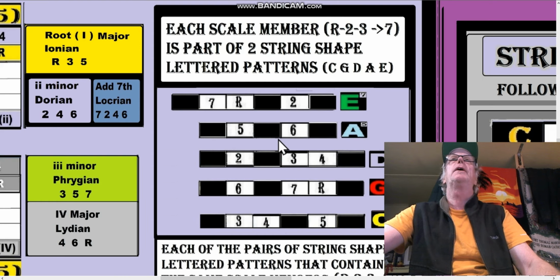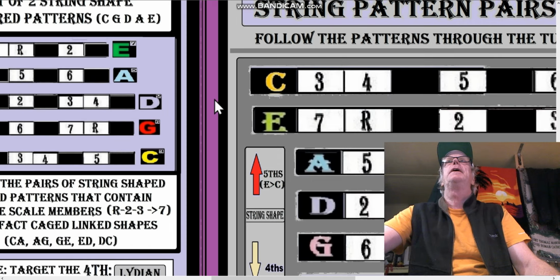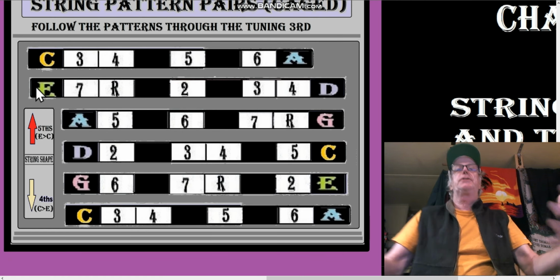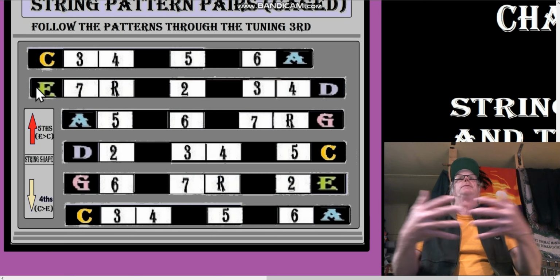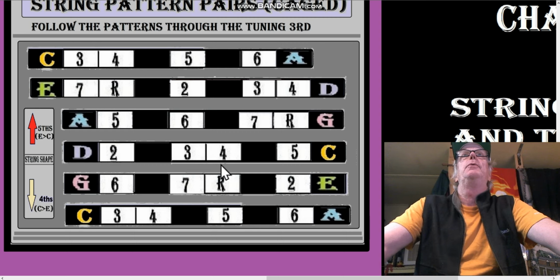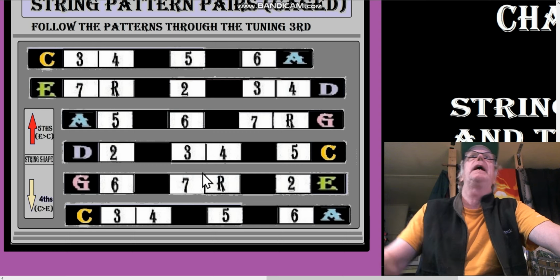But if we look at this diagram here, we need to see the intercage relationships between the string shapes. So we need to see that C and A share the 5. We need to see that G and E string shapes share the 7 root, like that.